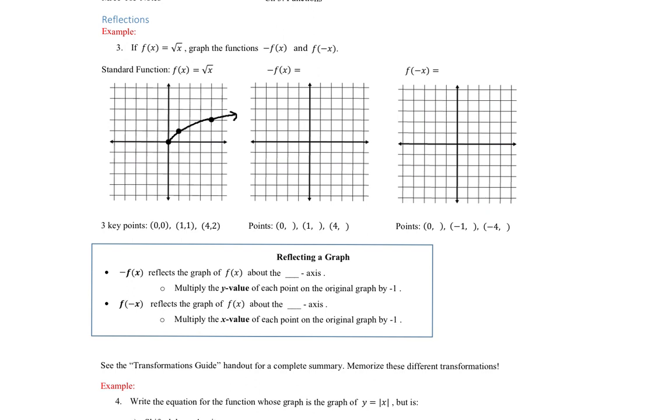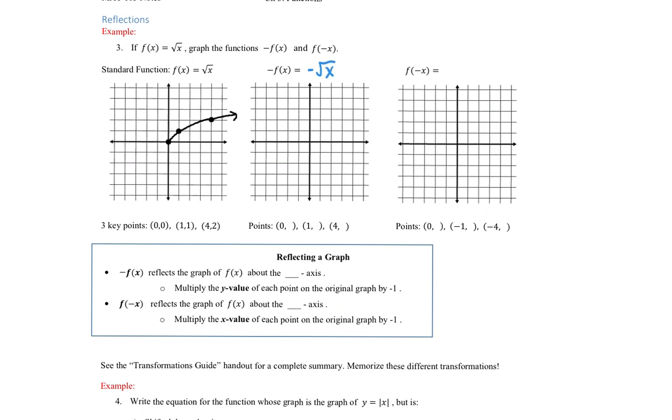Let's start out once again with our 3 points. So if our new function here is negative f of x, that means we're going to put a negative in front of our square root.